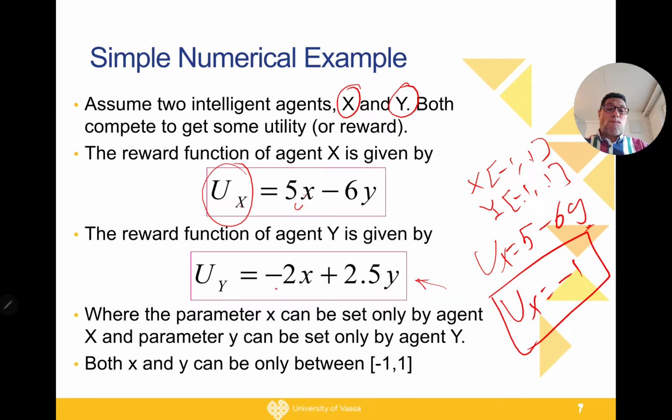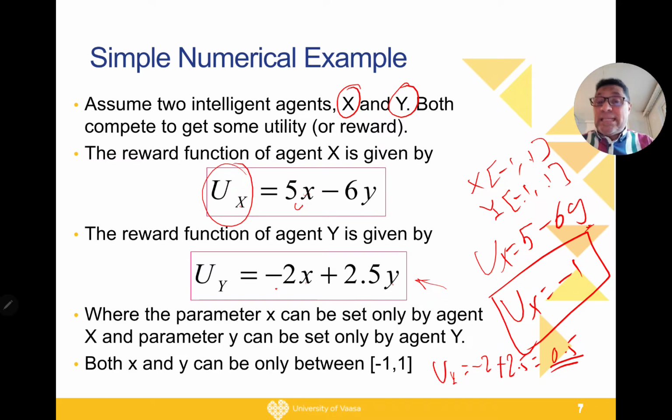However, Y will win anyway, because if you put X equal to 1, that becomes minus 2, but they can put Y equal to 1, it becomes plus 2.5, and then the result becomes 0.5. So they get a positive reward, but you will get a negative reward.